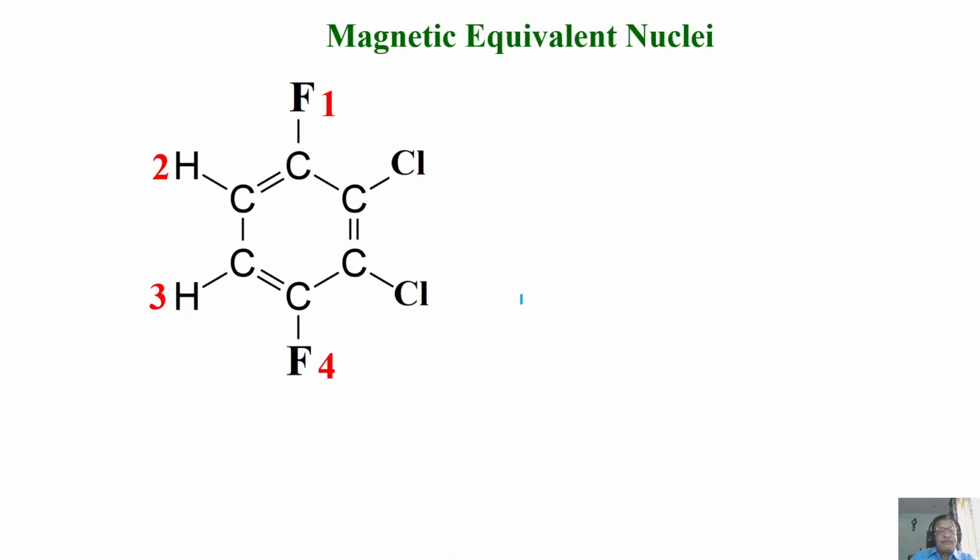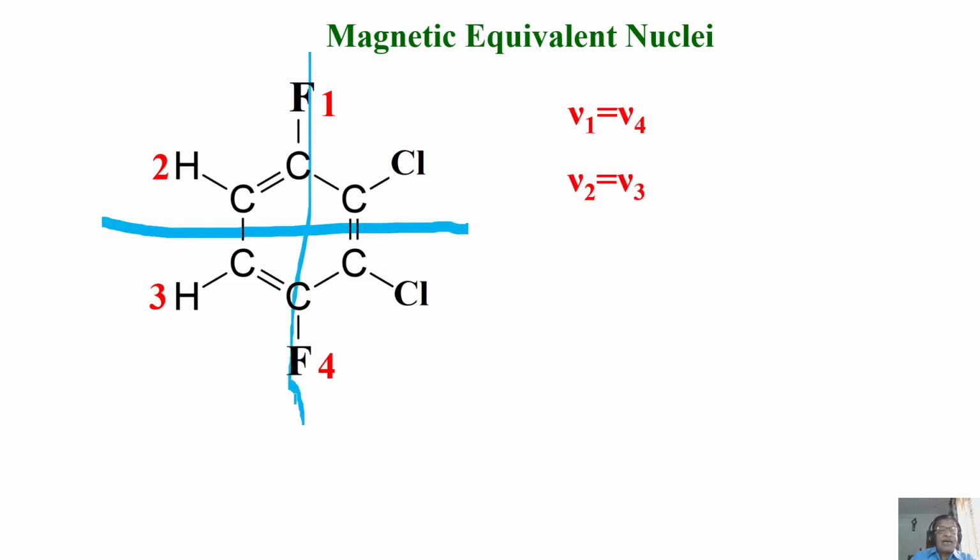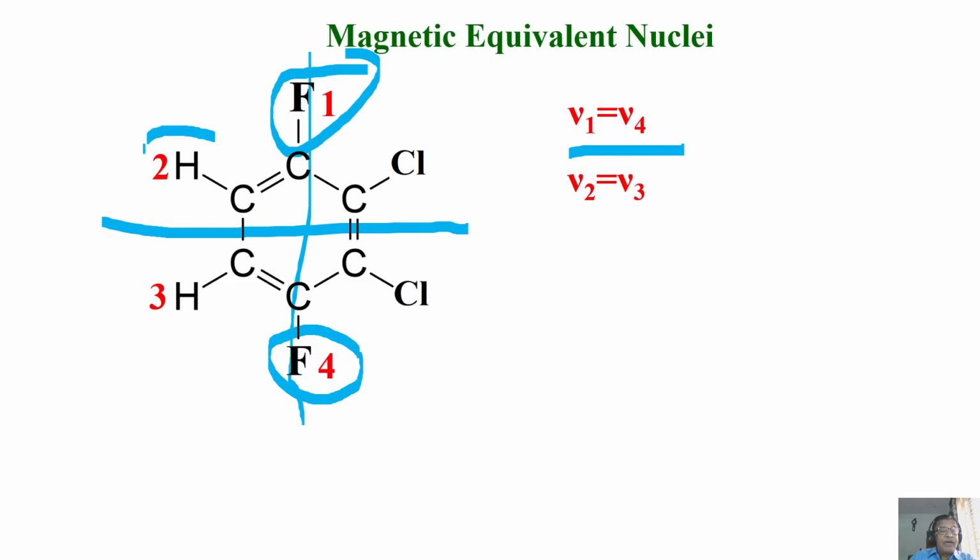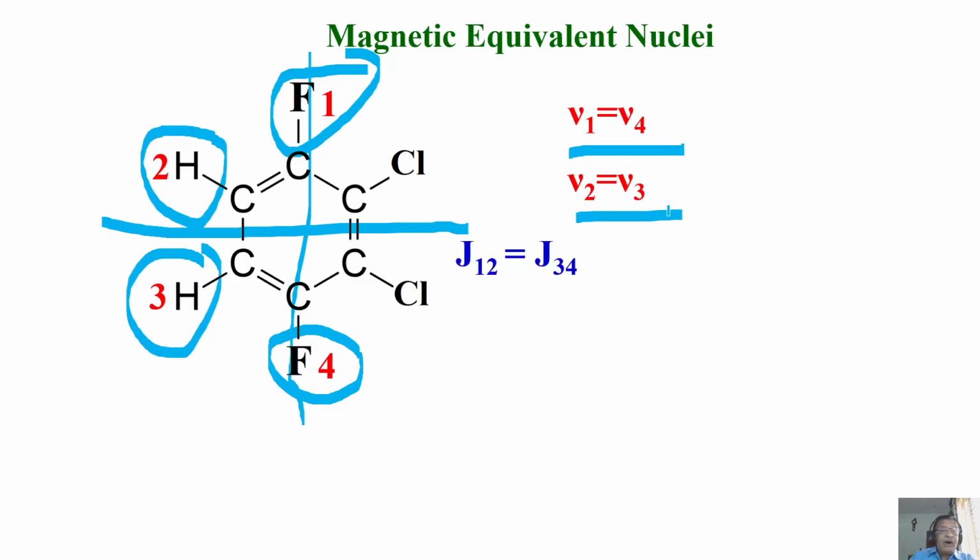Look at this molecule now. This is 1,4-difluoro-2,3-dichlorobenzene. Is there a symmetry axis here? Yes. One along this, one along this. There are 2 symmetry axes. As a consequence, nu1 is equal to nu4. Fluorine 1 and 4 are equal. And proton 2 is equal to proton 3. Nu2 is equal to nu3. And what about J12? J12 is equal to J34.